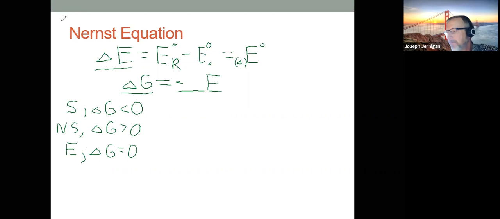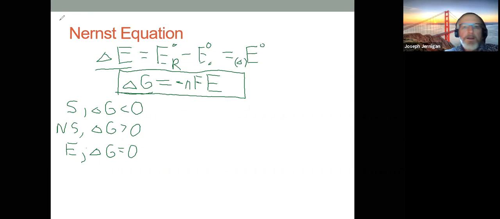It's got to have a negative sign associated with it. And to make this exact, we've got two terms, well, one of them is a constant. Delta G is equal to negative NFE0, okay?